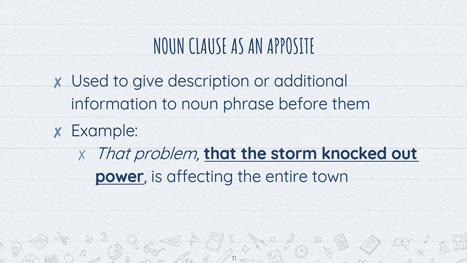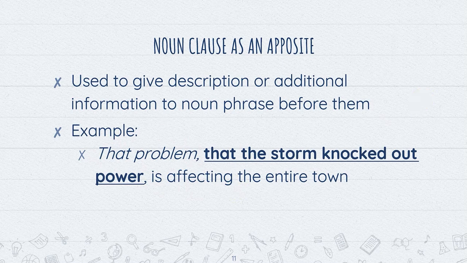You can see in the example that I have written, "That problem", this is the noun phrase. "That the storm knocked out power", this is the appositive, to explain about the problem. "Is affecting the entire town."